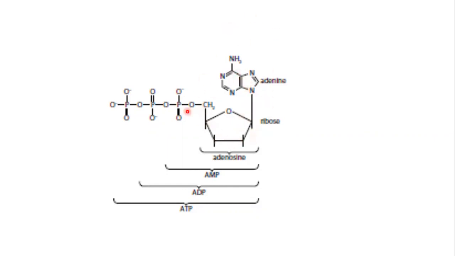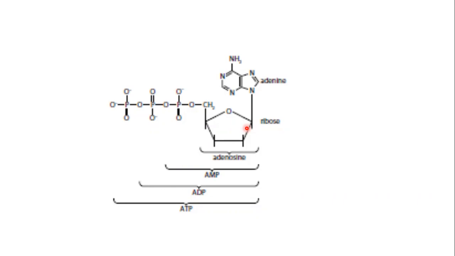And then attached to the adenosine, you can have different phosphate groups. If you have just one phosphate group, we call it adenosine monophosphate. If you have 2 phosphates... Yeah, Aisha, you want to ask something? Yeah, miss. So it's always going to attach to ribose sugar. It can't be deoxyribose sugar. Yeah, it's ribose sugar. ATP is with ribose sugar.